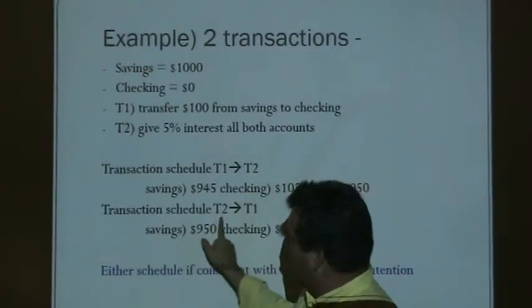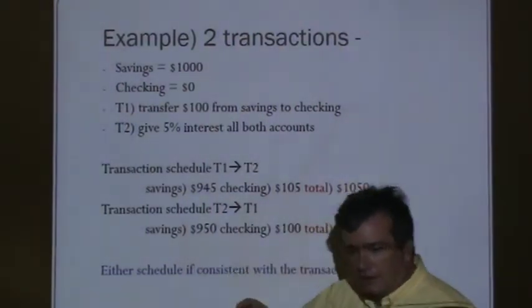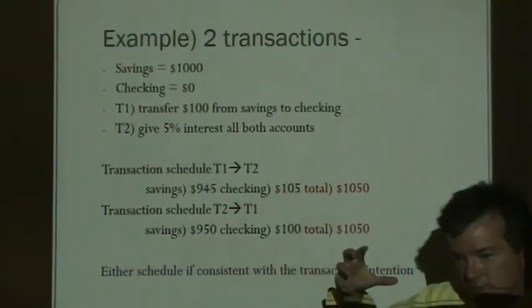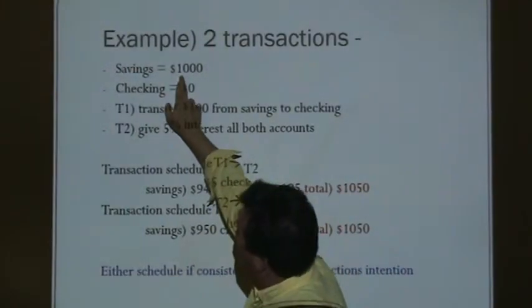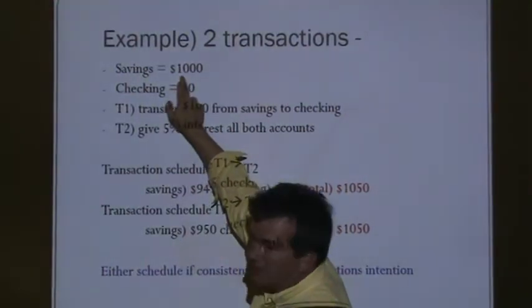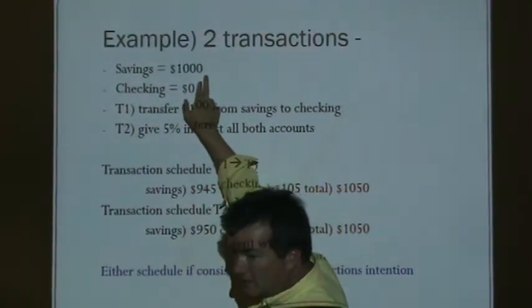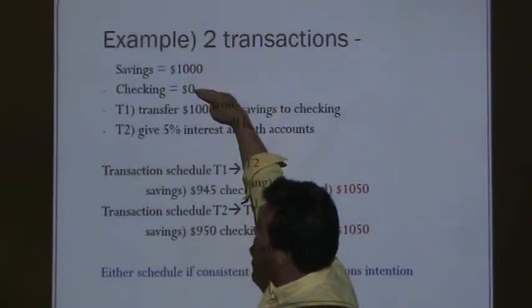So if the schedule came out that transaction 2 was done first, the interest was given first, and then the transfer of money from savings to checking was done second, then the 5% interest would have been given to the savings account, giving the savings account $1,050. And then after that, $100 would be transferred over to checking.